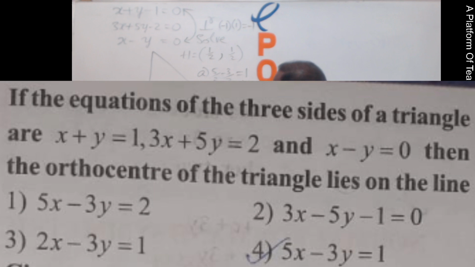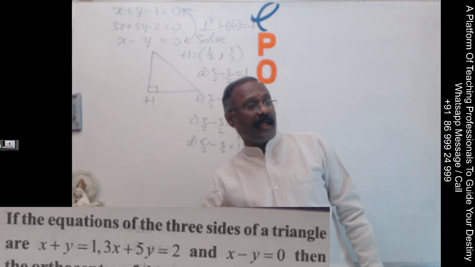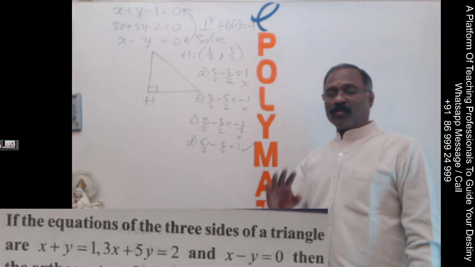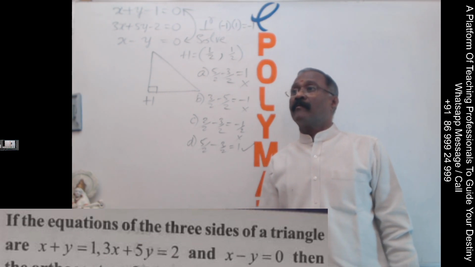So obviously you need not go for D. D must be true. 5 by 2 minus 3 by 2 is equal to 1. That is the answer. So the orthocenter lies on the line 5x minus 3y is equal to 1.